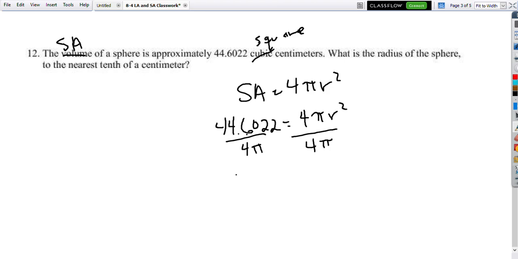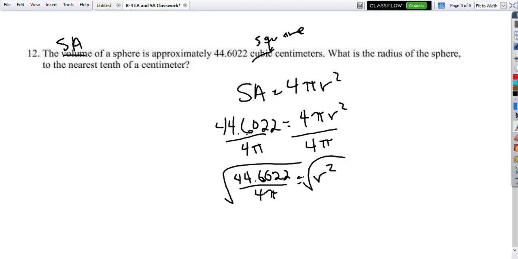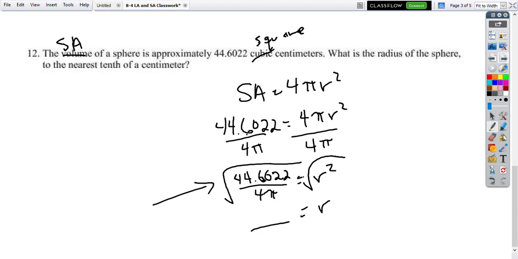We are just going to take this 44.6022, all right, and we're going to divide it by 4 pi, and then immediately after that, we're just going to square root whatever we get for that answer. You can type this whole thing right in your calculator, okay? And that's going to come out to r, and we're going to round it. All right, that's it. On to the next one.